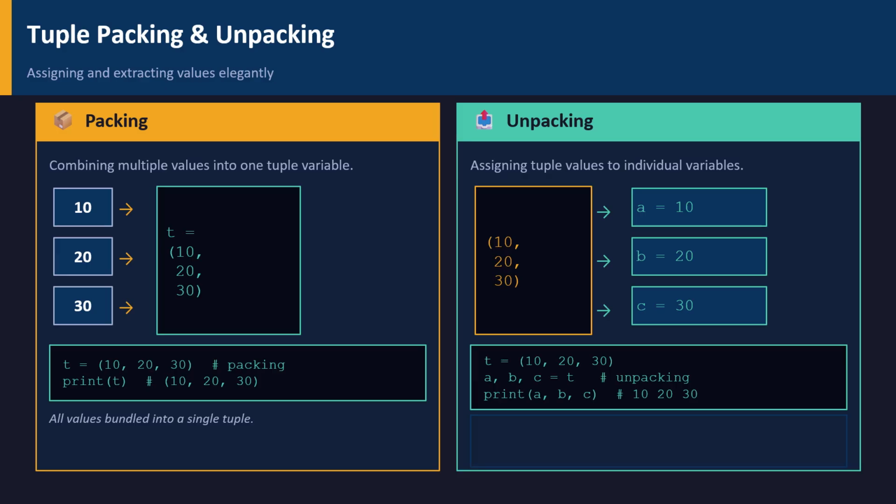Whereas unpacking is the reverse. We can extract the values from a tuple and assign them to individual variables. For example, writing A, B, C equals T automatically assigns 10 to A, 20 to B and 30 to C, all in just one line.